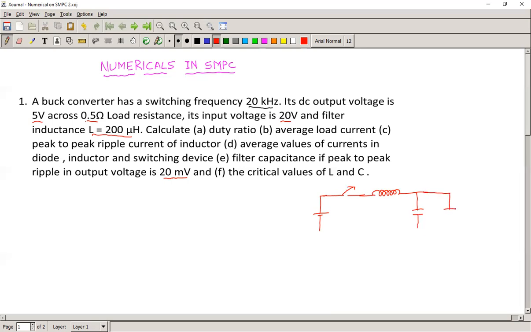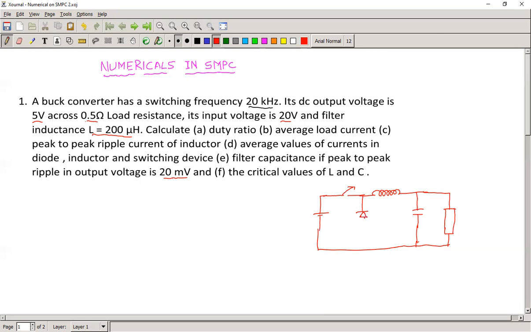This is the load. Here, one diode is there.